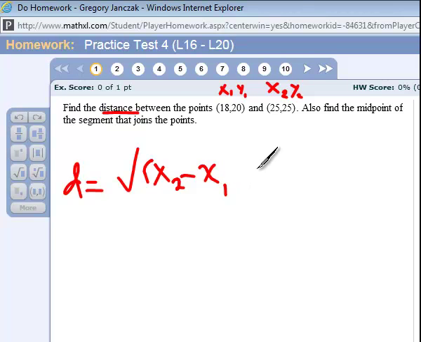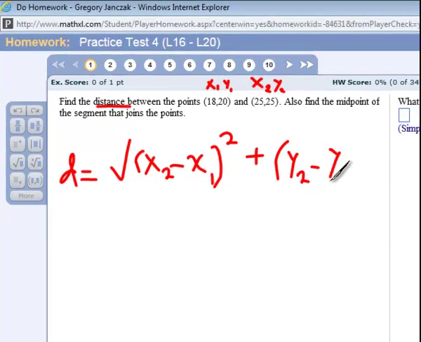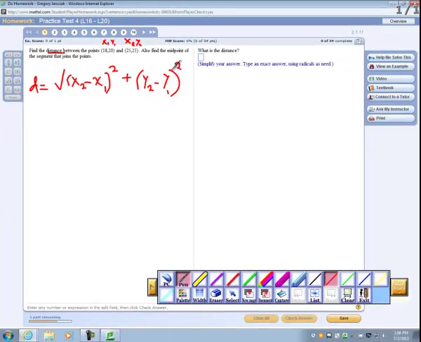Okay, it's d equals the square root of (x2 minus x1) squared plus (y2 minus y1) squared. Now keep in mind, these are not squares, this is a subscript. Up here would be a superscript for the exponent. The subscript identifies 2 different x's in this case. Okay, and you want to label these points x1, y1, and x2, y2.